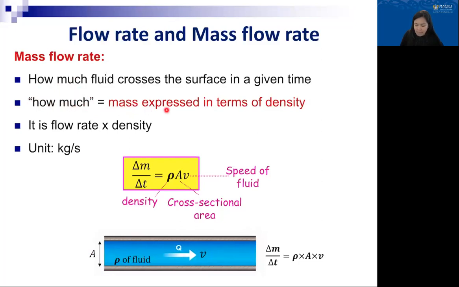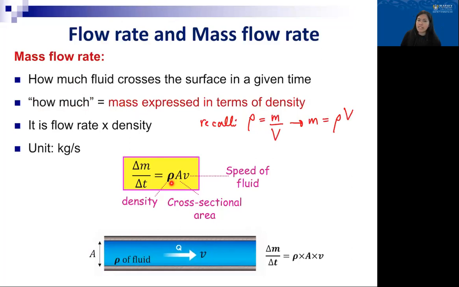So mass can be expressed in terms of density. Recall last time in lecture 12, when we defined density as mass per unit volume. If we rearrange this equation, which we did last time, then we have the relationship mass is equal to density times volume. So mass flow rate is essentially flow rate written in terms of mass and therefore density.